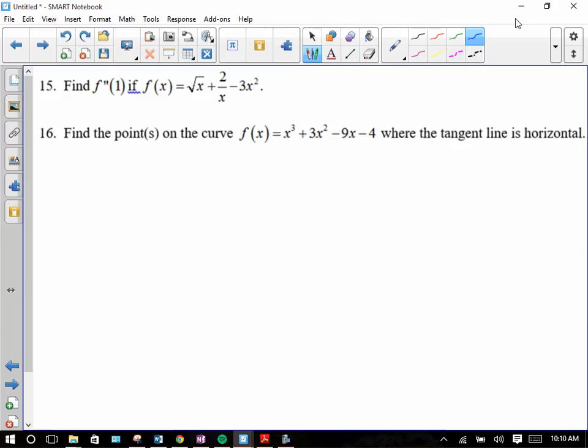Okay, let's rewrite that next real quick, so it's easier for us to take the derivative. x to the 1/2 plus 2x to the negative first minus 6. How many times are you taking the derivative?